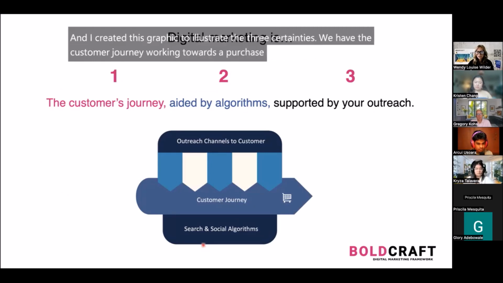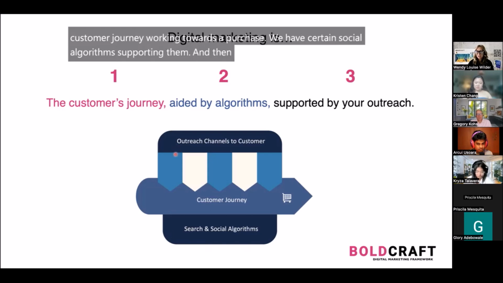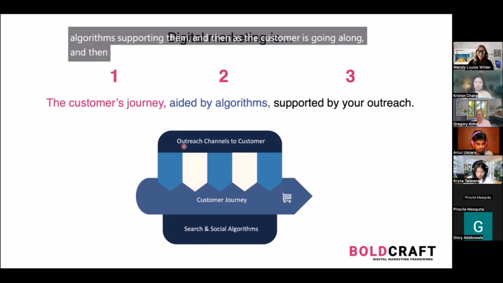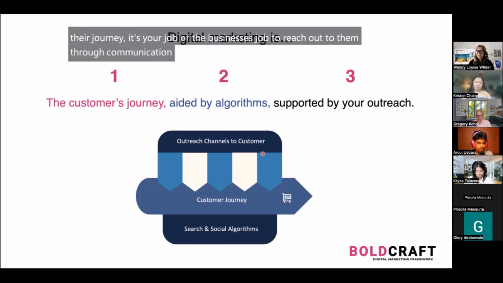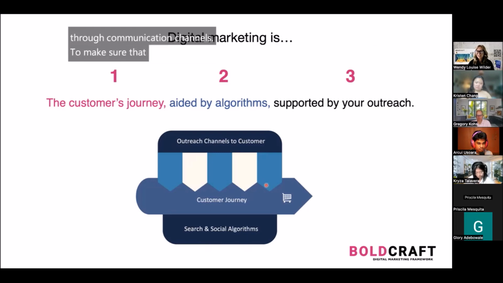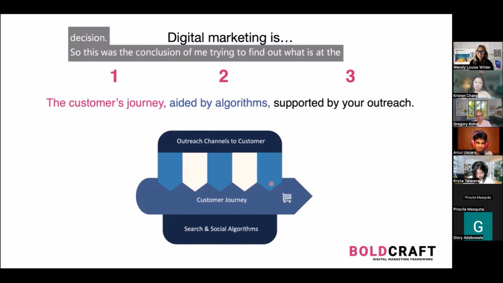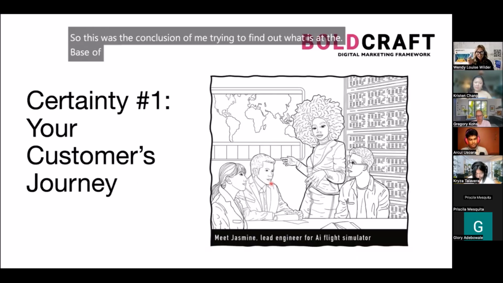We have search and social algorithms supporting them. And then as the customer is going along in their journey, it's your job, or the business's job, to reach out to them through communication channels to make sure that they're getting the information they need to make a decision. So this was the conclusion of me trying to find out what is at the base of digital marketing.